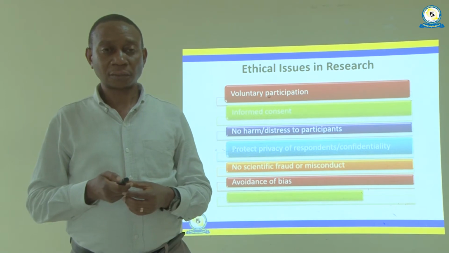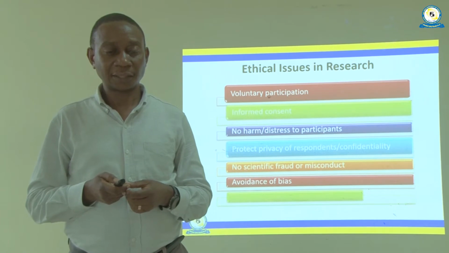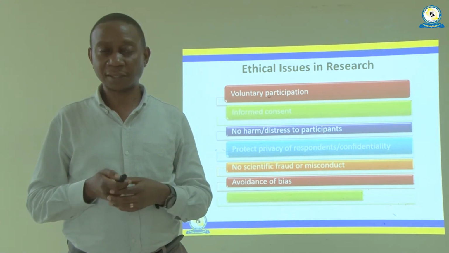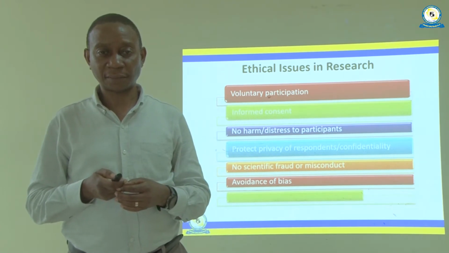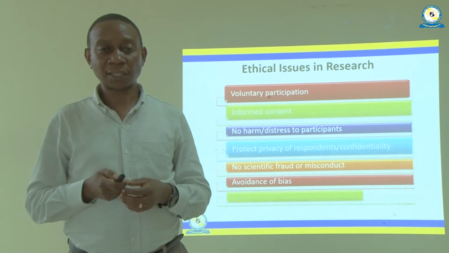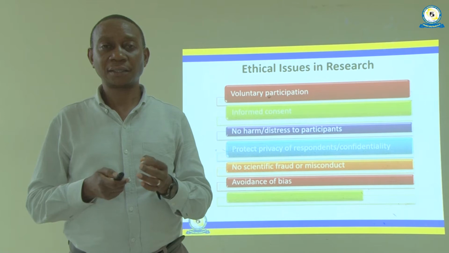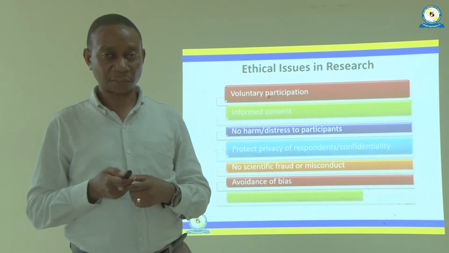And also, we need to abide with informed consent. We need to look into the distress and the harm to participants. Make sure that there are no distress, no harm to the participants. We also need to consider we protect privacy of the respondents. We need to protect the confidentiality of our respondents.